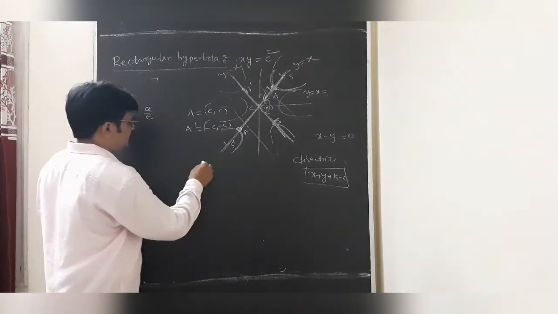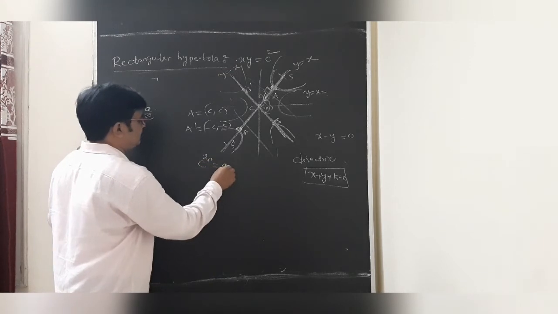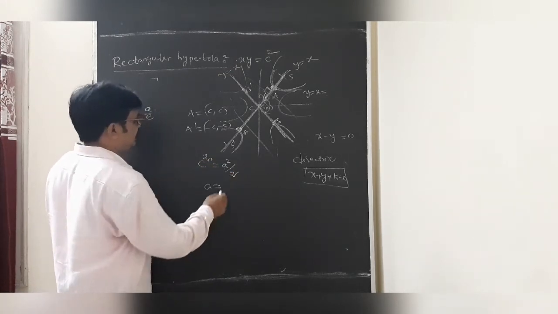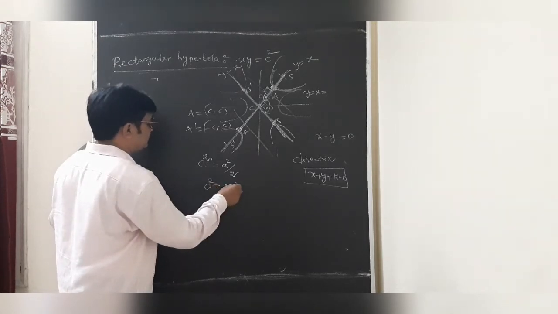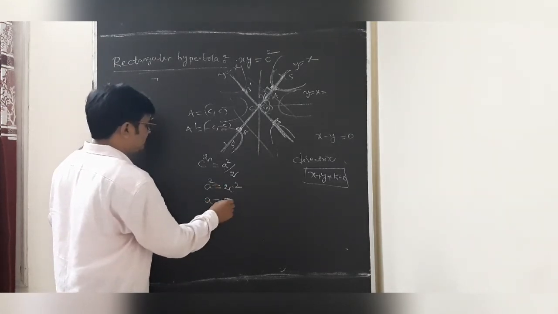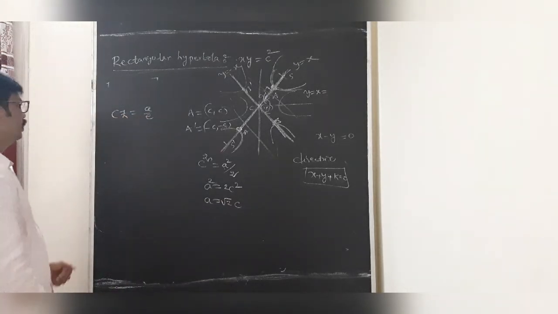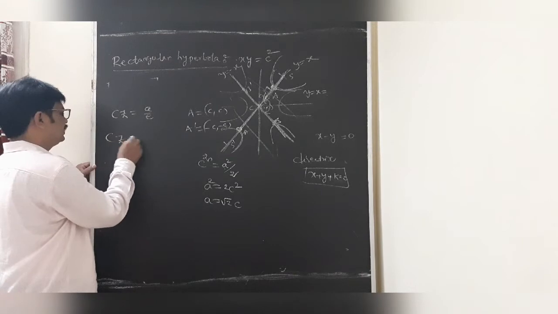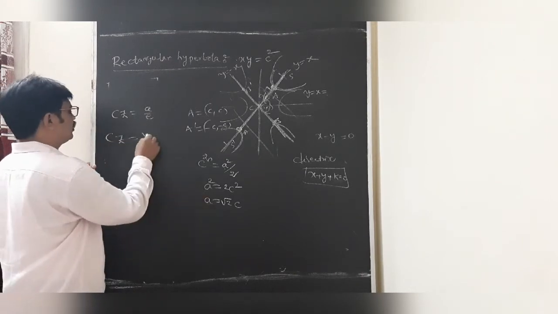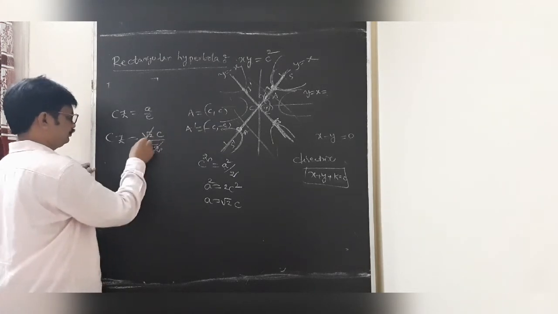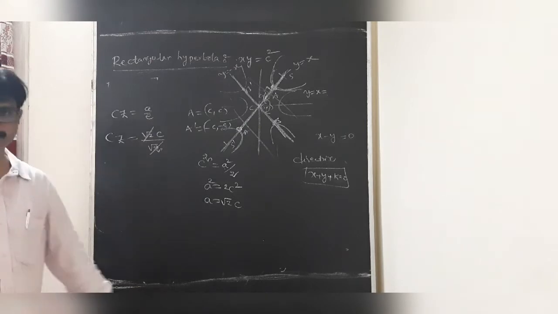Here c square equals a square by 2, so a square is 2 c square, and a is root 2 c. This is the small a. So the length CZ is root 2 c upon the eccentricity of the rectangular hyperbola, root 2, which is c.